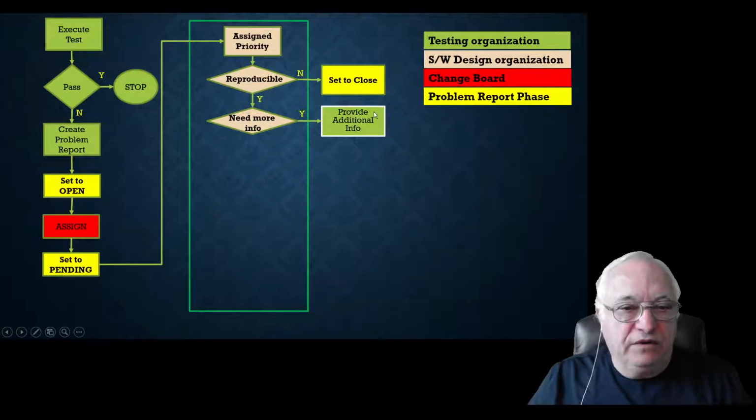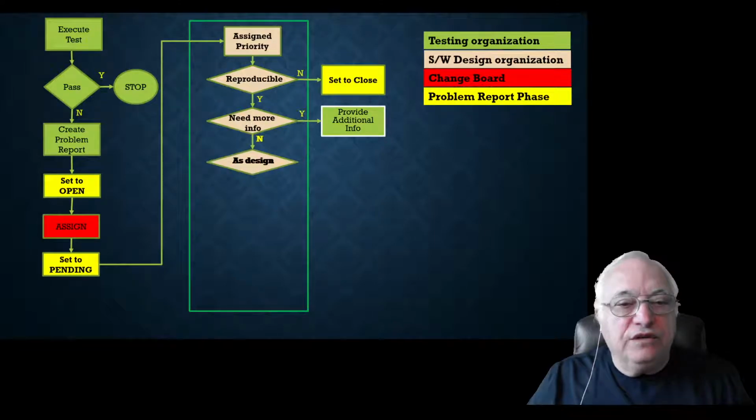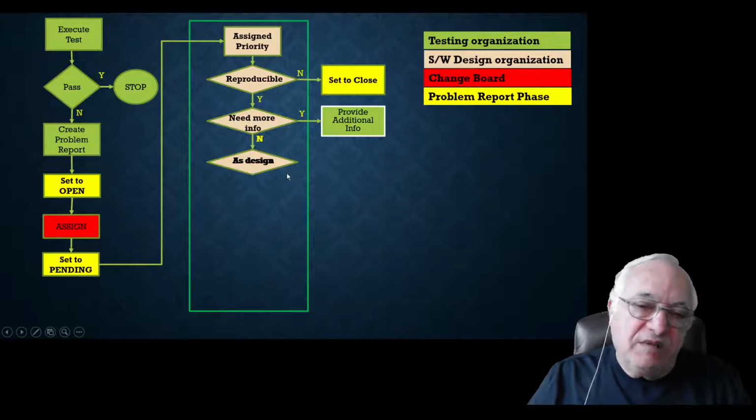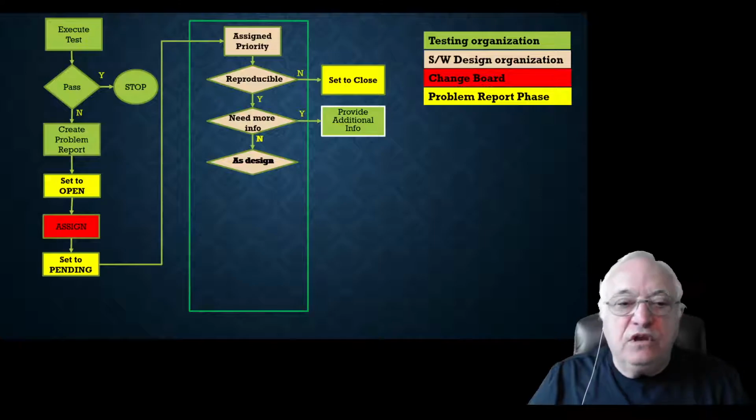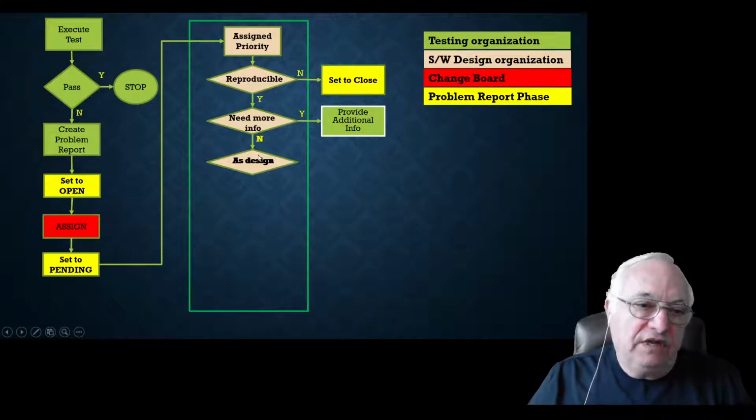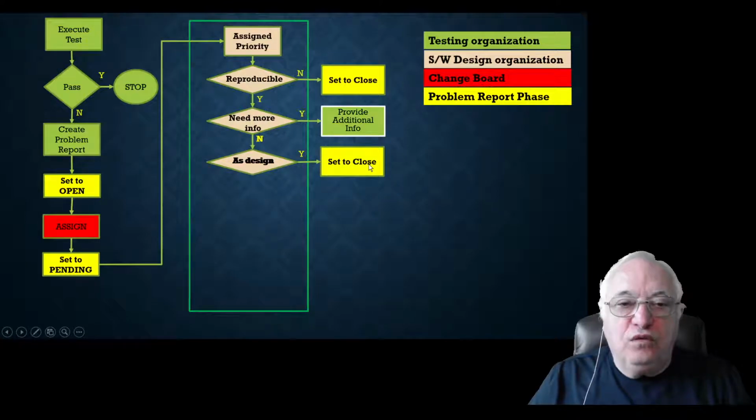I want to leave that out because otherwise the flowchart gets too complicated. So, do they need more information? If the answer is no, then the question is, is this as designed? Maybe it just happens that the specifications are incorrect, or they're going to change the specification to make it work like this. So as designed, if the answer is yes, then the phase gets set to closed.